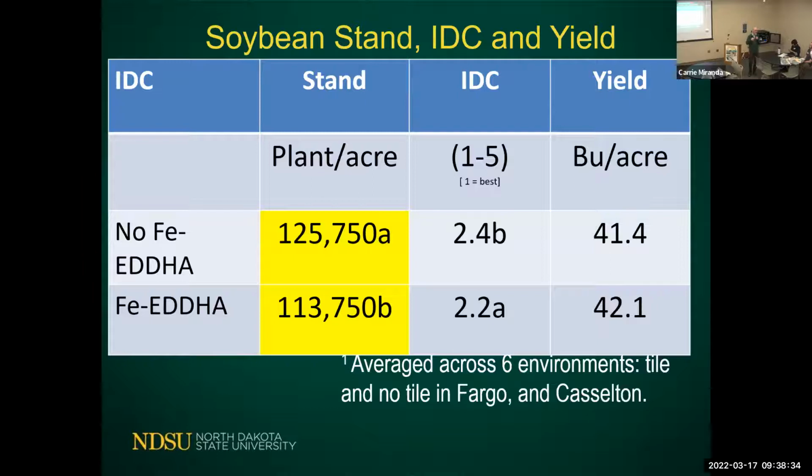So there was a little bit of a benefit because if you look here at the number of the IDC, the higher the number, the more yellow it is. So without the chelate, we had more IDC. But in this case, it did not really translate into a significant yield increase. And partly, I think that was because the iron interfered with that on the seed at the establishment. So although the product is really good, the way we were trying it doesn't work really.